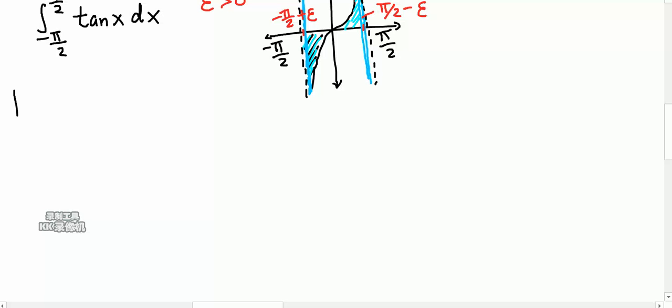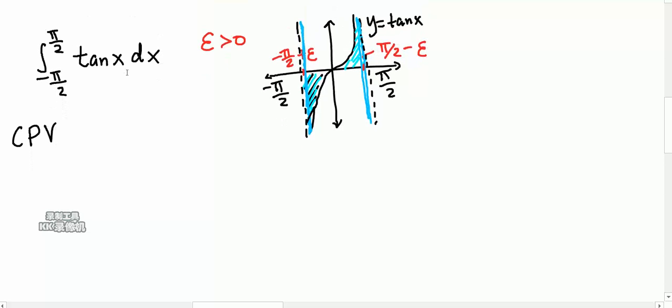So the Cauchy Principal Value of this improper integral, we're going to take the limit as epsilon approaches 0 plus. The lower end is negative pi over 2 plus epsilon.